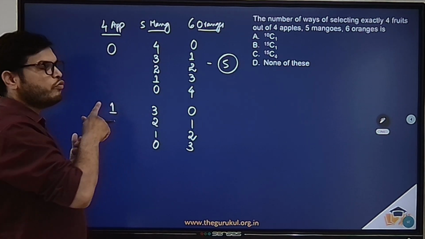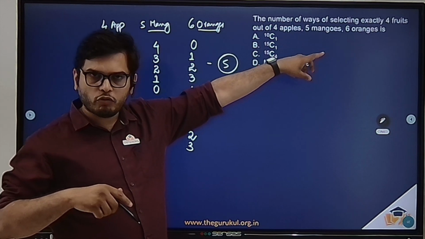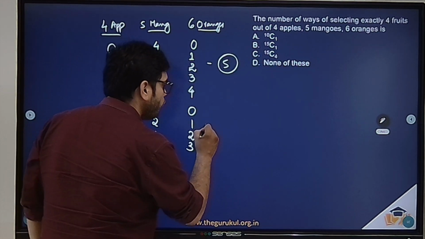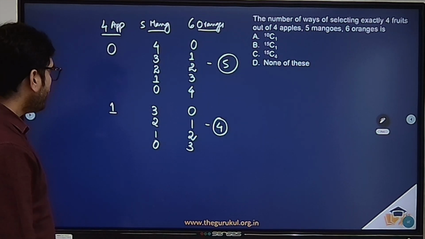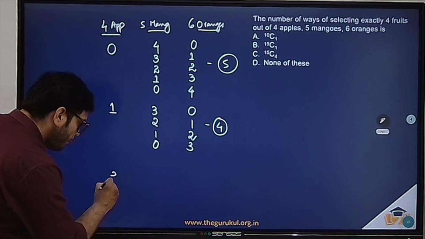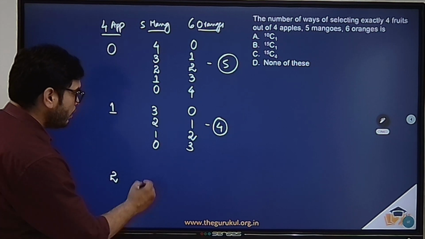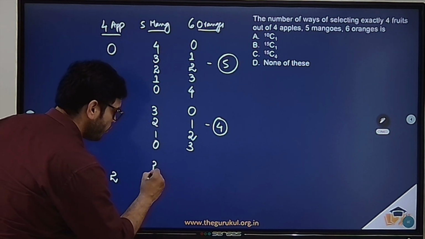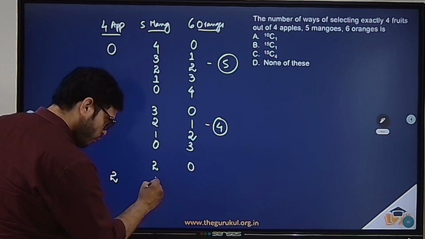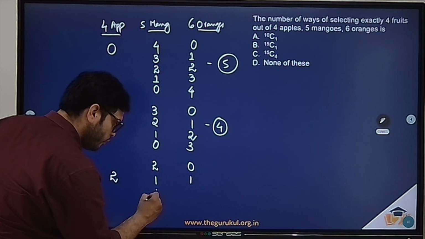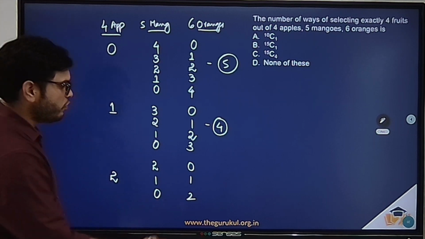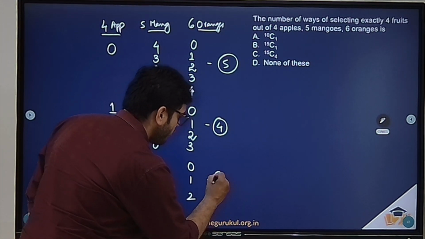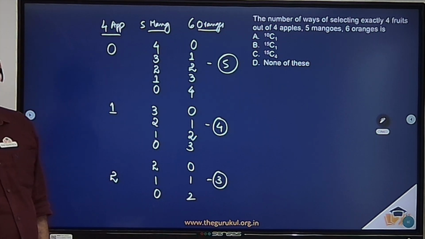So when there is exactly one apple among those 4 fruits, you have 4 ways to select the remaining 3 fruits. Now, if there are 2 apples, then 2 mangoes, no oranges; 1 mango, 1 orange; 0 mango, 2 oranges. So how many ways? 3 ways.